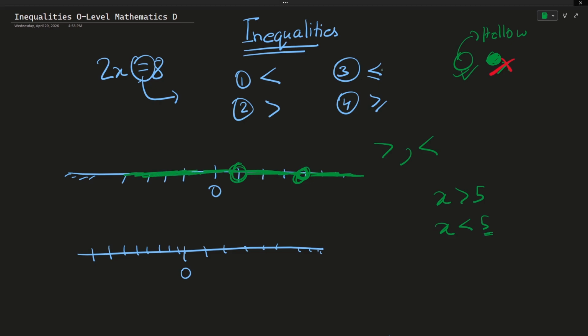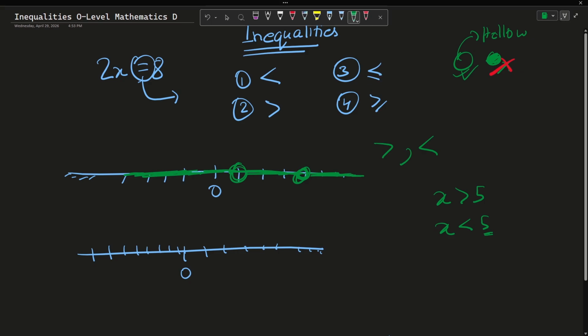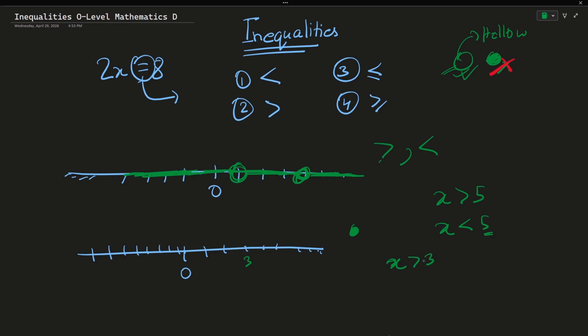For these signs, less than equals and greater than equals, we have a different method. Now, as I've told you, we use these hollow circles to represent our normal inequality signs. But for these signs which have an equals in them, we use the filled dot. So let's say this is 3, and the expression tells us that x is greater than, oh sorry, greater than or equal to 3.